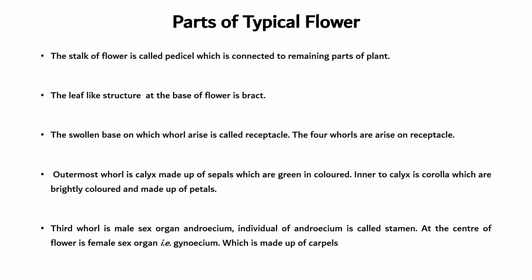We have studied this in first year and second year. The swollen base on which the four floral whorls arise is called the receptacle. These receptacles are of different types: conical, cup shape, dish shape, etc. And all the floral whorls, calyx, corolla, androecium and gynoecium, arise on the receptacle.